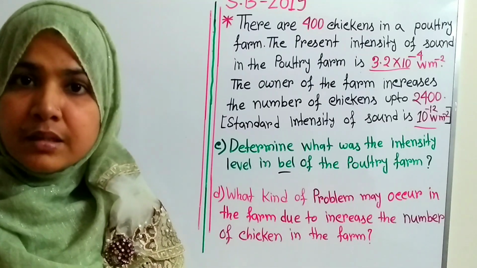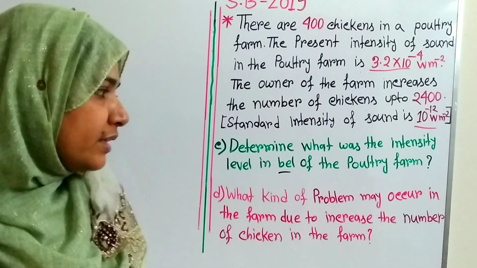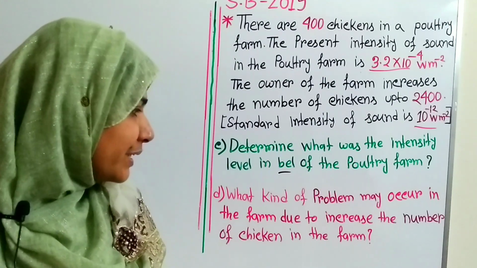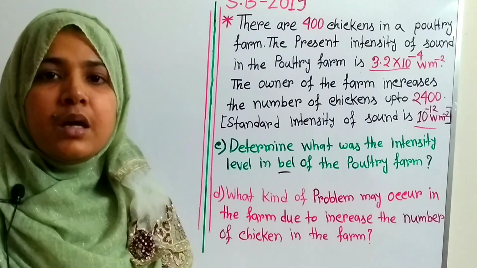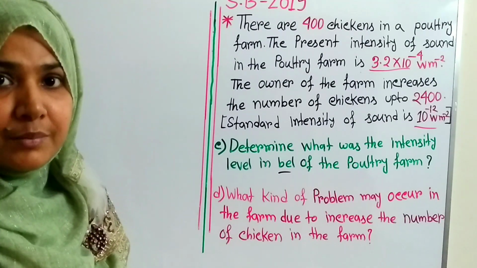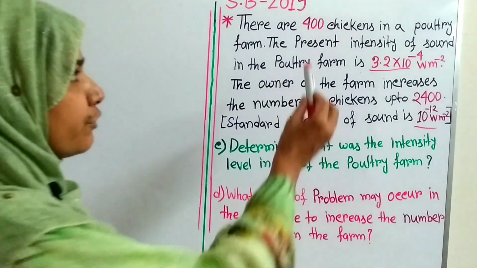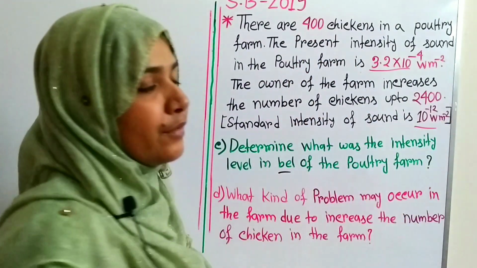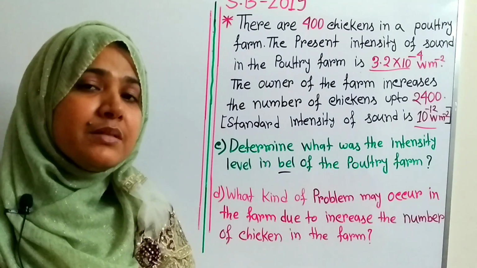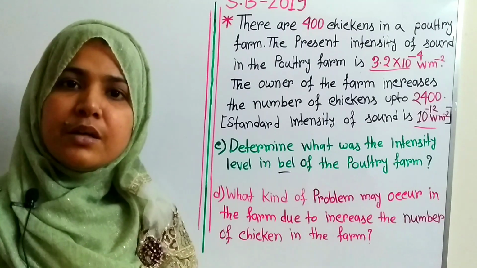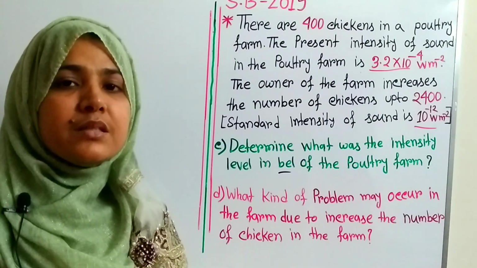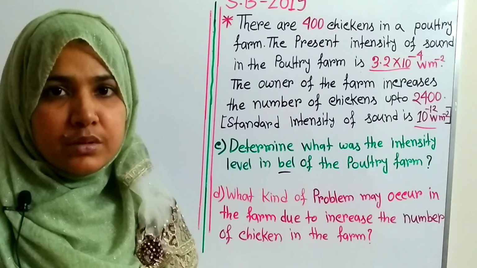Now question D, and the question is, what kind of problem may occur in the farm due to increase the number of chicken in the farm? Here you can see from the stem that the owner of the farm increases the number of chicken from 400 to 2400. As the number of chicken is increased, that means the intensity of sound level must increase, and we have to calculate the increased intensity level of sound.